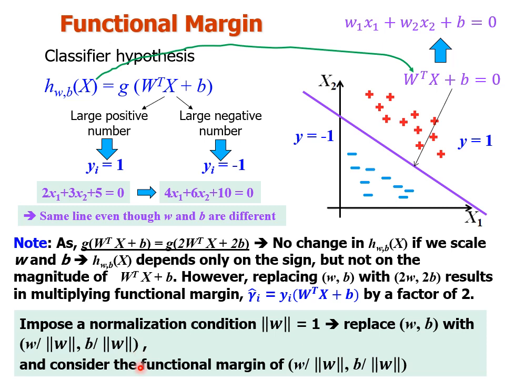And now we may consider the functional margin of w by norm w comma b by norm of w. We'll come back to this concept later whenever we'll be using this while formulating the problem.